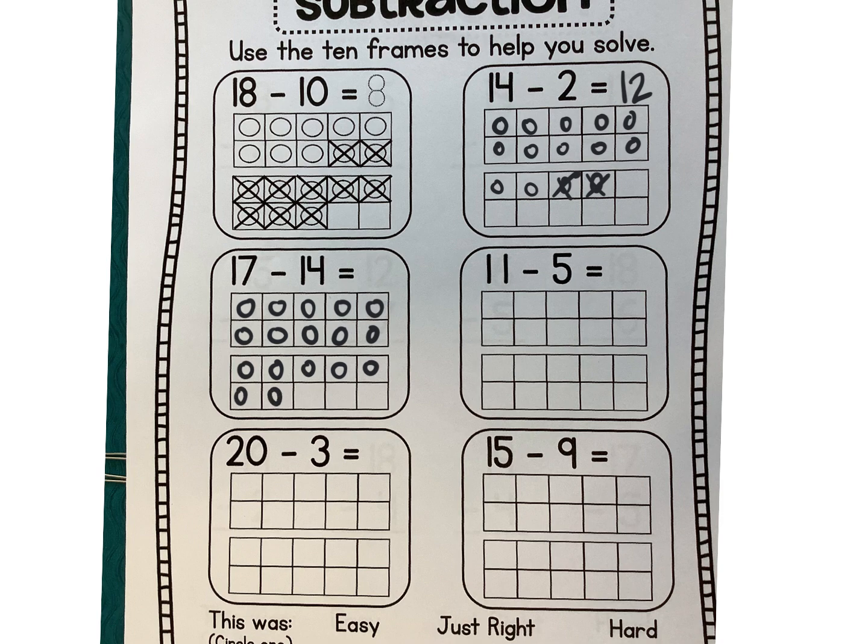Now we have to cross off 14. 1, 2, 3, 4, 5, 6, 7, 8, 9, 10, 11, 12, 13, 14. How many do we have left? 3. Good. The next one is 11 minus 5.